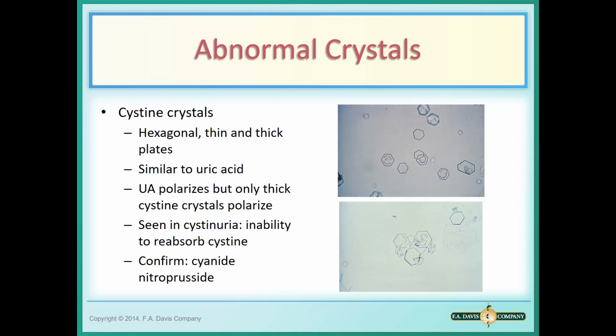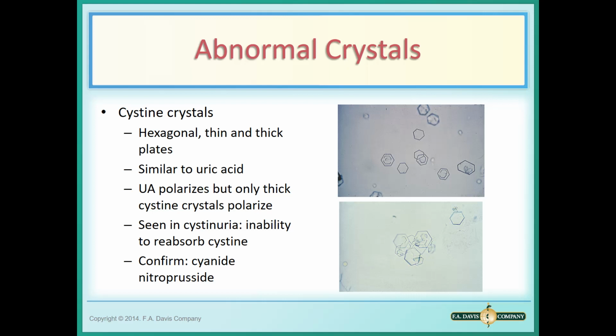Can be thick or thin, similar sort of to uric acid, but hexagonal shape. So it's how many sides? 6, right? 1, 2, 3, 4, 5, 6 sides. This is easy to polarize, so we can definitely see it. And this is in a disorder in which you can't reabsorb cysteine.